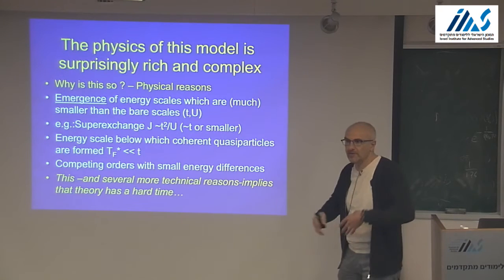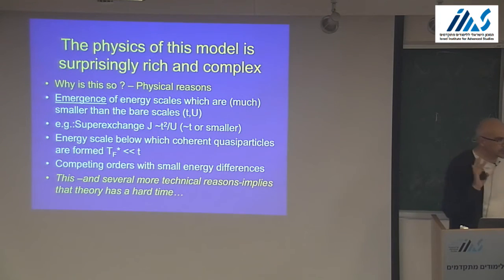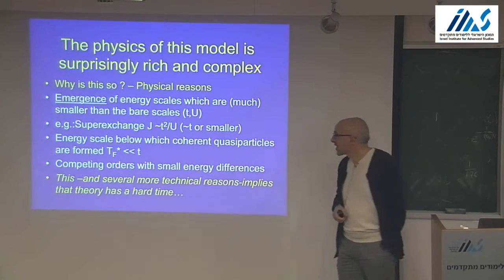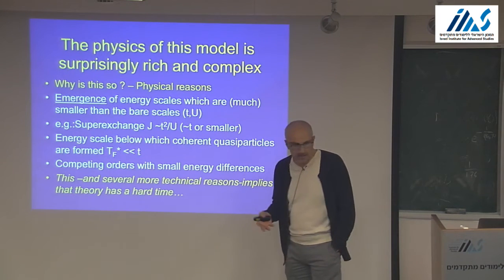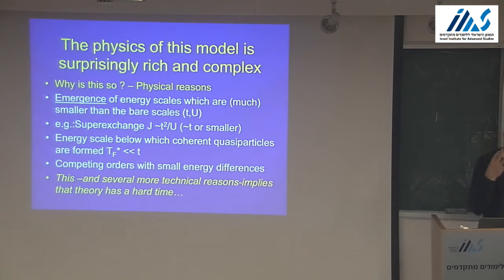The electronic bandwidth, the electronic Coulomb repulsion, these are scales that are typically, just to fix ideas, in the eV range. So that's what I will call high energy. But when we actually look at the relevant physics, other energy scales emerge, which are much lower, by at least one order of magnitude, than these high energy scales.